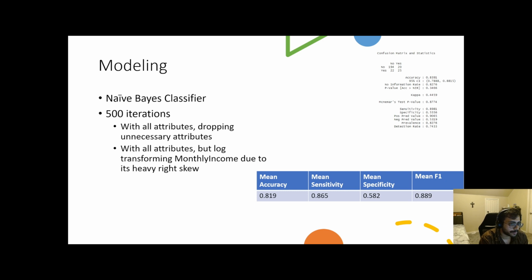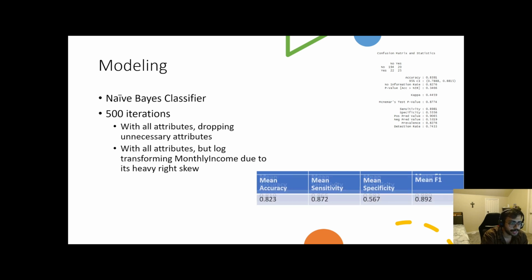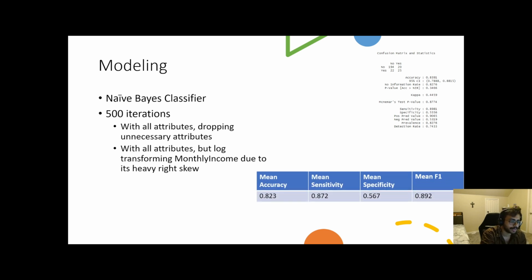Then I decided to build a model, but this time I log transformed the monthly income due to its heavy right skew. In doing so, the accuracy ended up improving, and the mean sensitivity, specificity, and F1 score improved as well. But I was still not getting the 60% specificity that I was looking for, and I thought it was probably due to the threshold. Why?